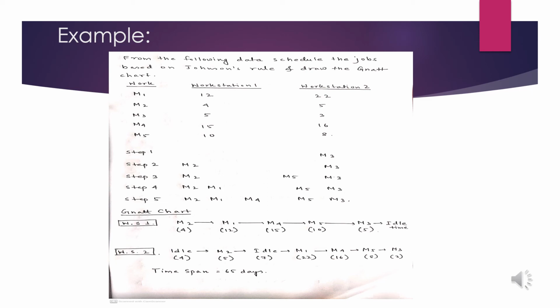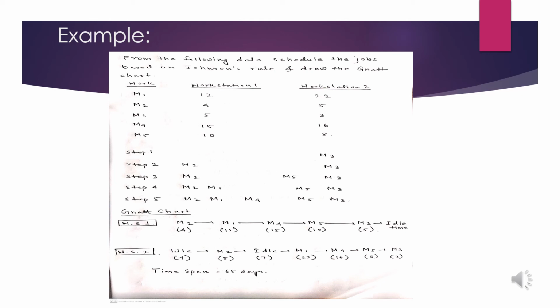Now if in workstation 1 M2 is working, I cannot work M2 simultaneously in workstation 2. So the 4 processing time will be idle at the beginning and then I will work M2 in workstation 2. The processing time for M2 at workstation 2 is 5 and the first idle time is 4.